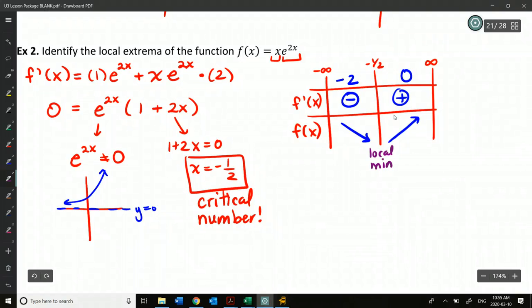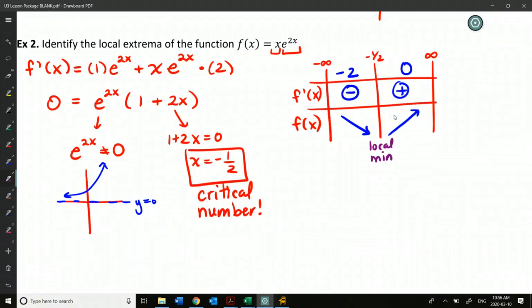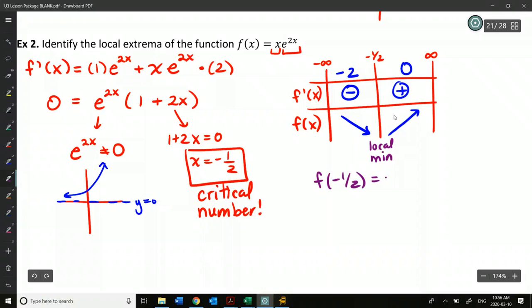And because we're identifying local extrema, this is usually an xy coordinate. So we're just going to evaluate f at negative half, subbing it into the original function here. That's just going to give us negative half e to the negative 1. So we can write that as negative 1 over 2e.